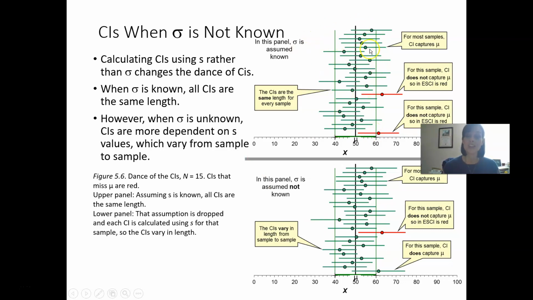Here's what it looks like when we know sigma. Notice that the confidence intervals are the same length. Most of them will capture mu, but when you don't know sigma, notice that the confidence intervals vary in length from sample to sample to sample. So you're going to be more dependent on standard deviation, and that's going to vary based on your sample size.